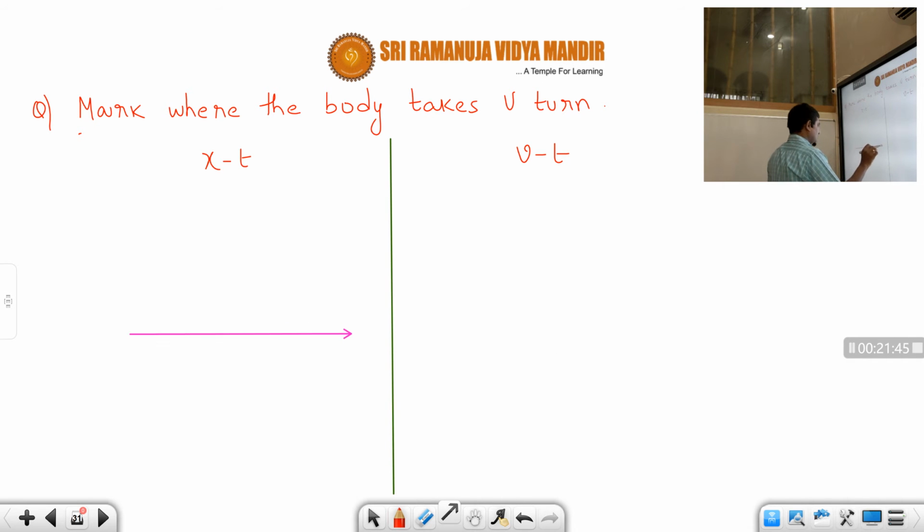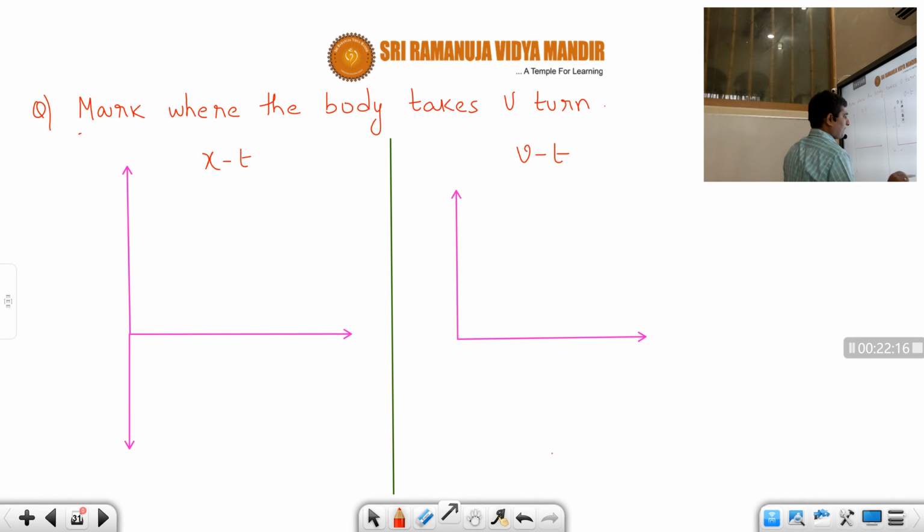So XT graph is this one, students. Okay, now let us take one VT graph. So now let us see.